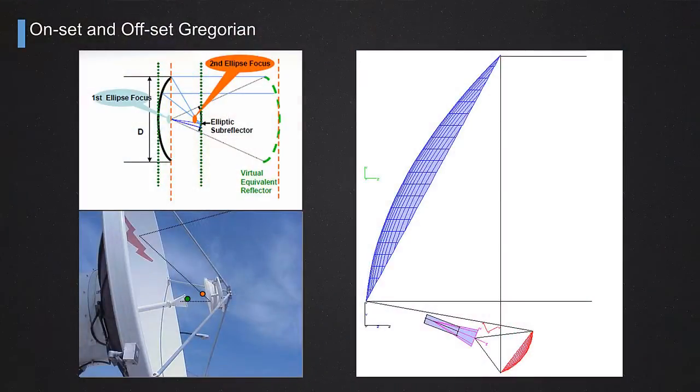And last, the Gregorian configuration, again, both in onset and offset. So the principle is similar. The subreflector, as compared to the previous case, is an elliptic type of subreflector, but the effect is more or less the same.